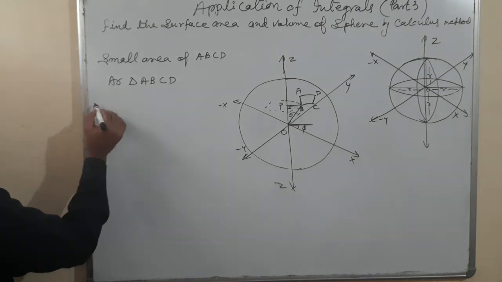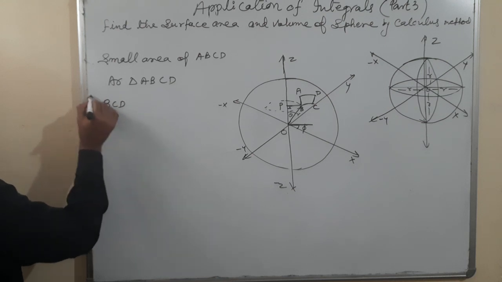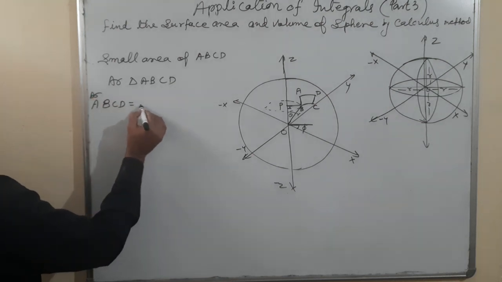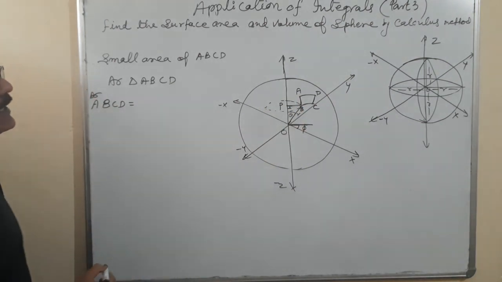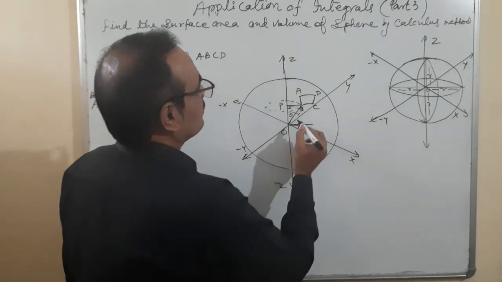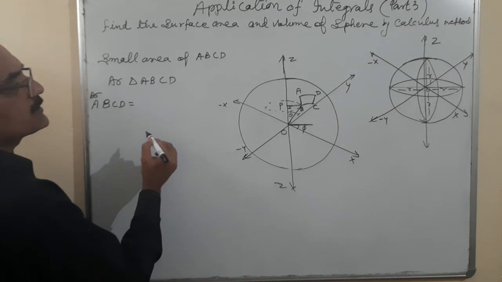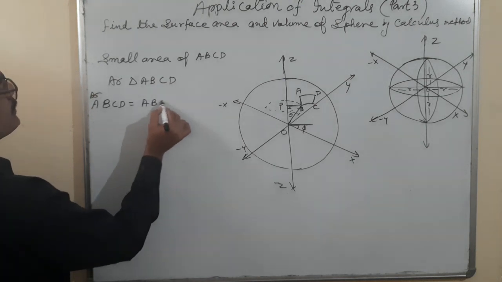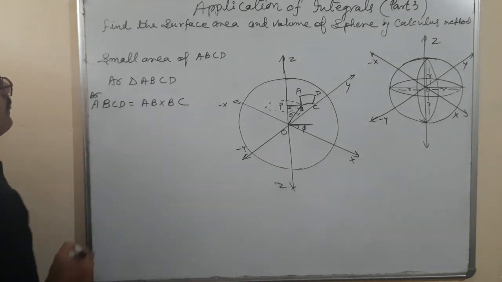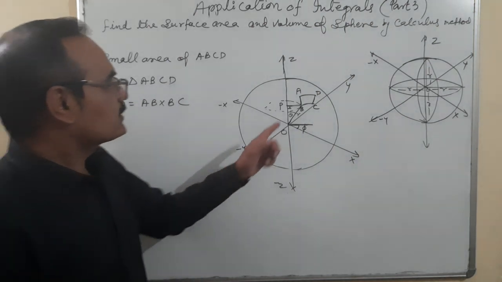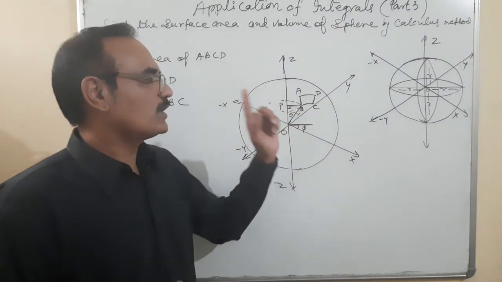Therefore area of ABCD is equal to AB multiplied by BC. Small side AB, and this is small DC.